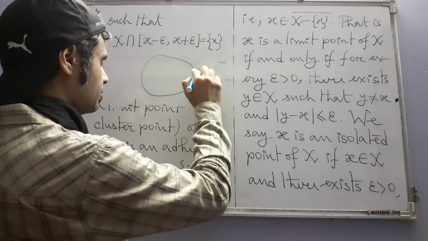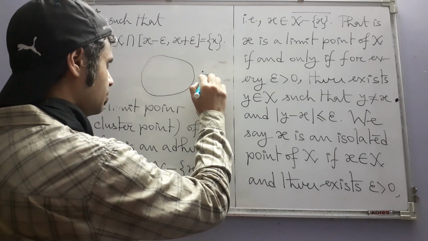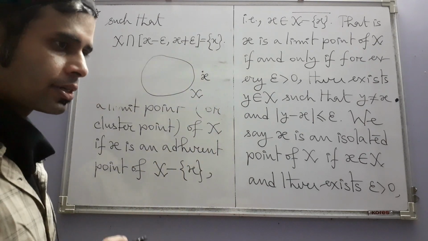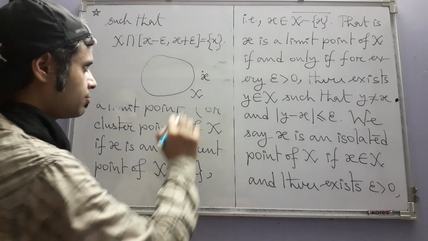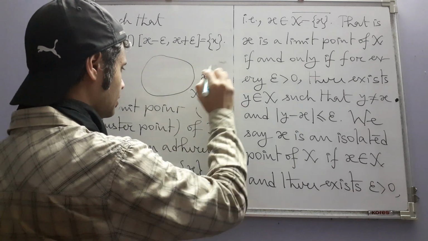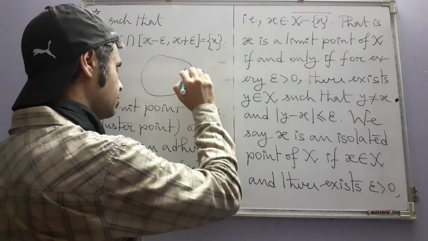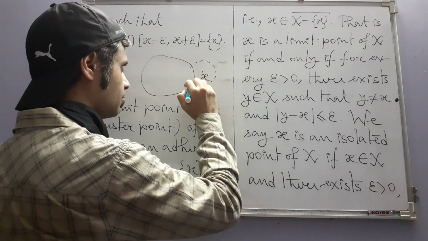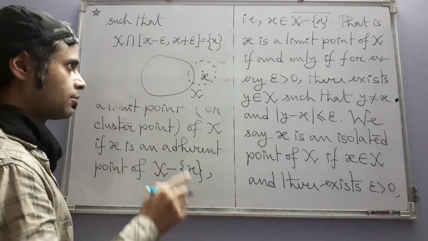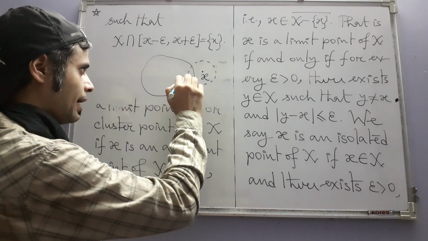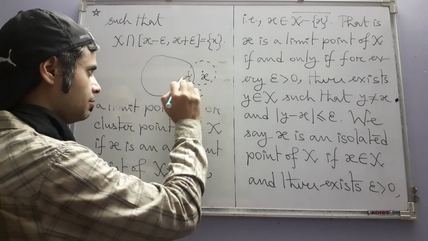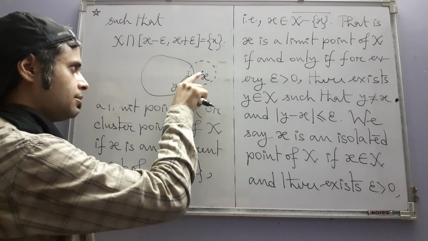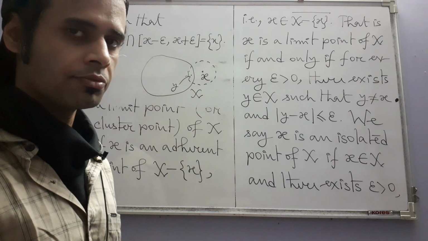A point x is said to be a limit point or a cluster point of X if every region around x contains at least one point y of X that is different from x itself.